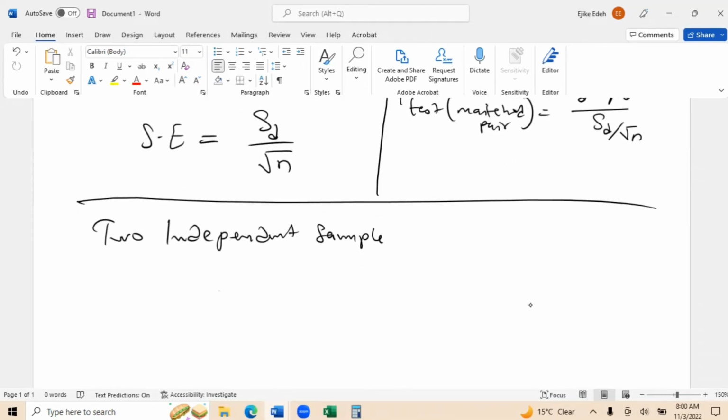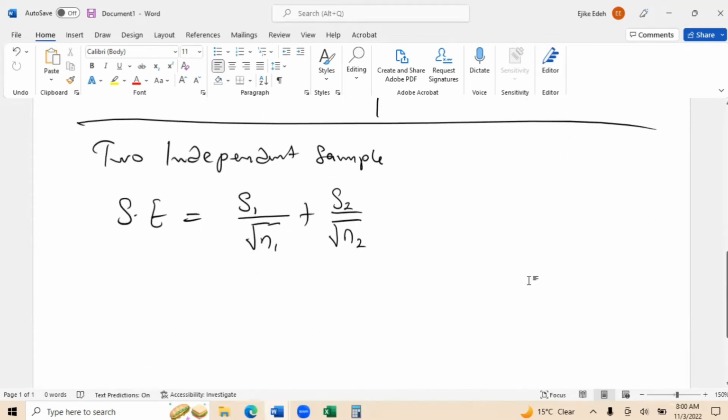So the standard error here will be equal to, because they are independent, the standard deviation for the first group divided by square root of n for the first group, plus the standard deviation for the second group divided by square root of n for the second group, right? So this is where it is, but this is not the way you find it in the test statistics. So let's convert it to that form.